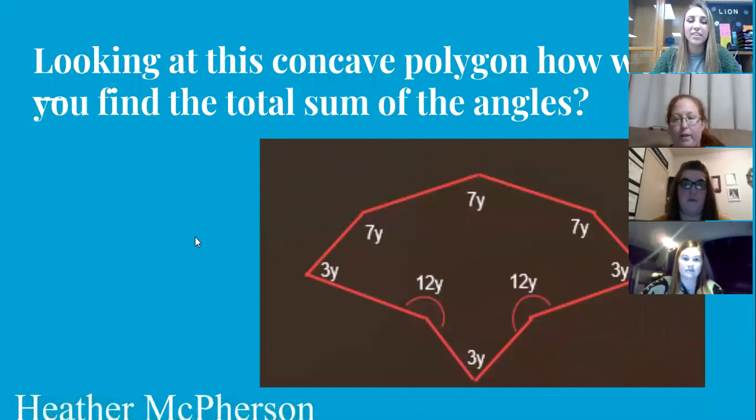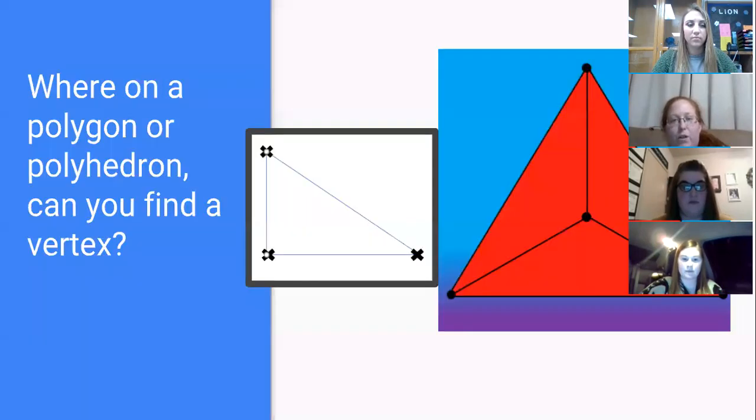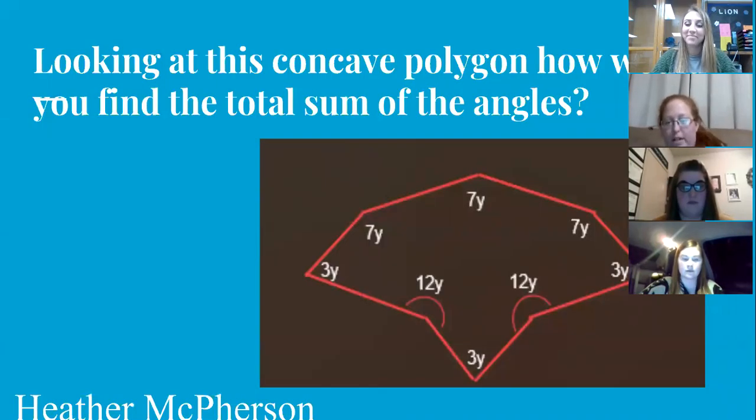Hey, Heather, looking at this concave polygon, how would you find the total sum of the angles? With concave polygons, there's a specific equation we must first use to find the sum of all the angles. First, you need to count how many sides the polygon has. Looking at this one, we have 8 sides.